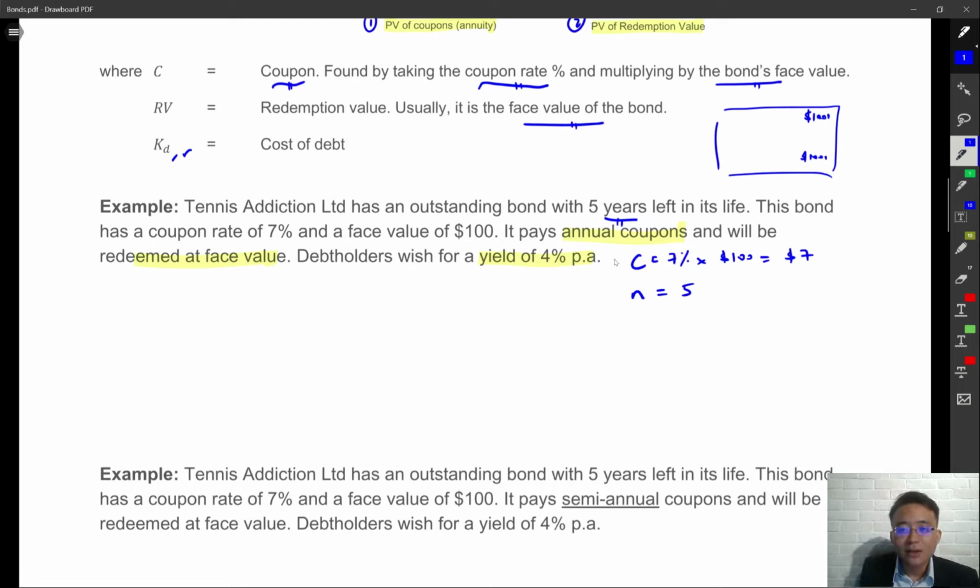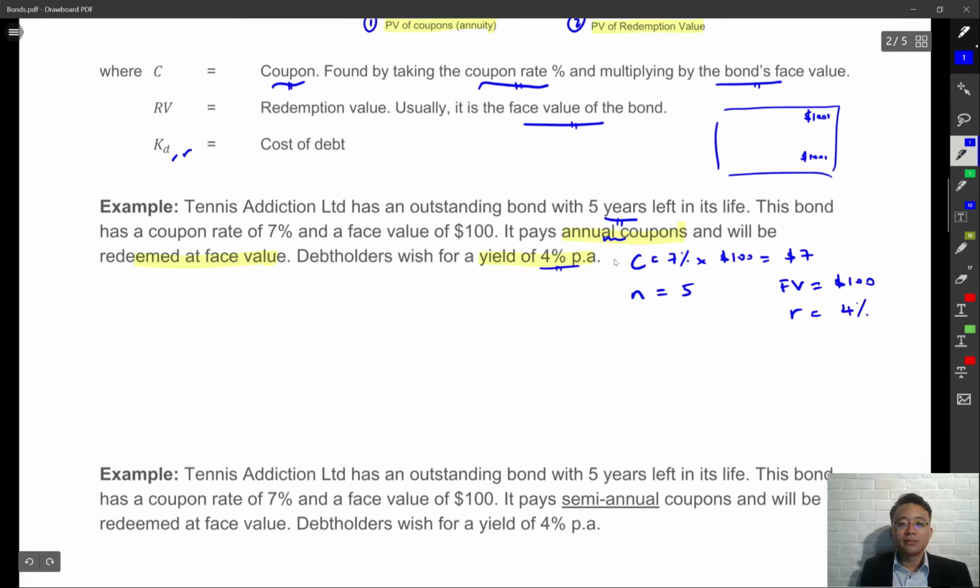You will get 5 payments since it is an annual coupon. So annual coupon, 5 years, your number of payments will be 5. That will be your N. And we will put a face value here, $100. Finally, one last thing, your cost of debt, which I will now refer to as R, is 4%.